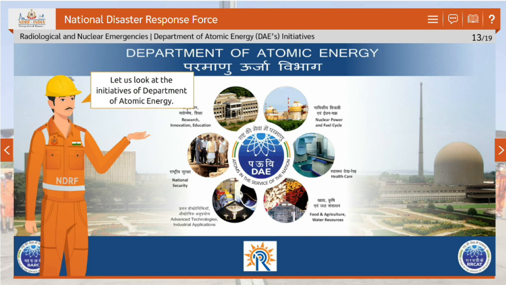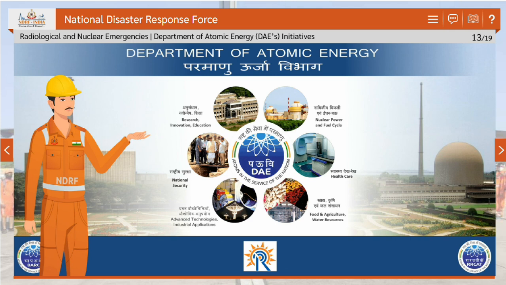Let us look at the initiatives of the Department of Atomic Energy. The Department of Atomic Energy and its constituent establishments play a pivotal role in advancing nuclear science, technology, and innovation. DAE is responsible for the entire spectrum of activities related to nuclear science and technology, encompassing power generation, research, development, safety, security, safeguards, environmental protection, international collaborations and societal applications.